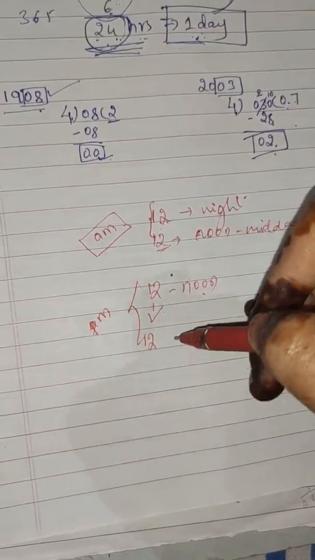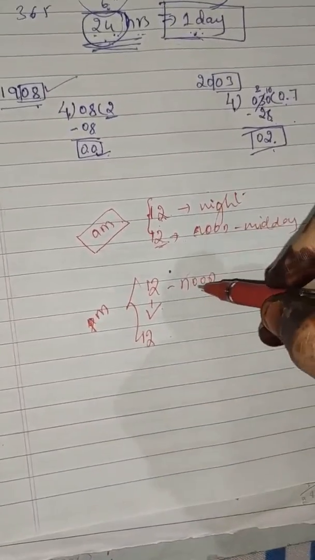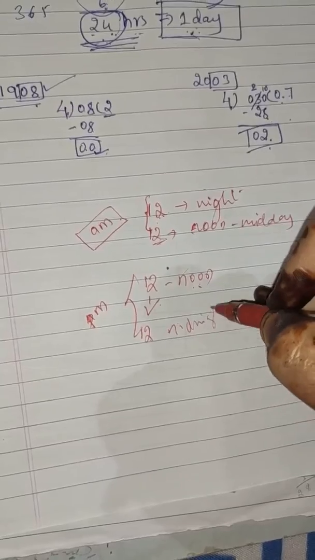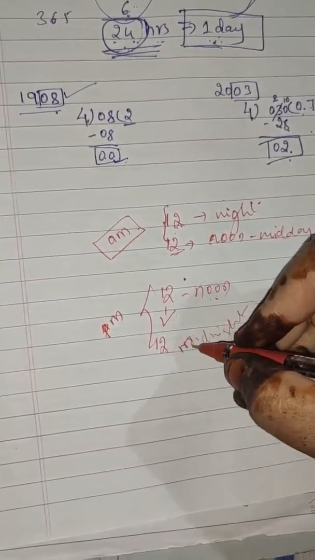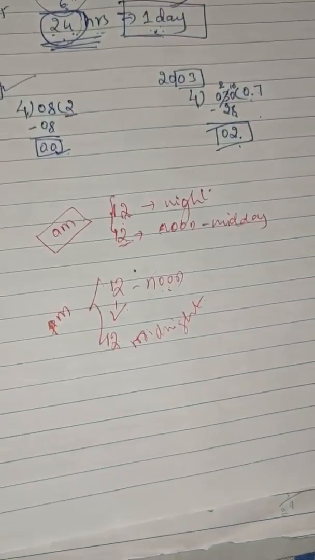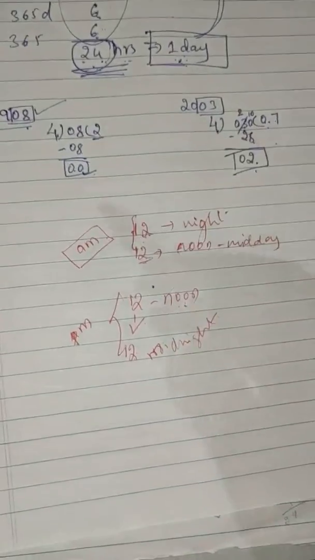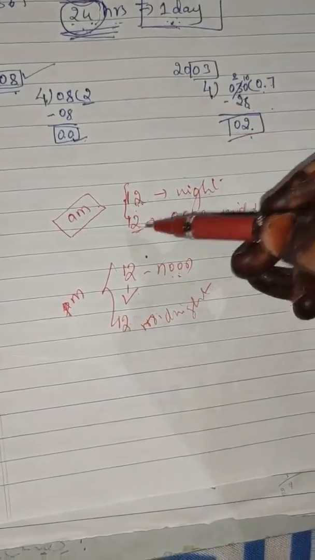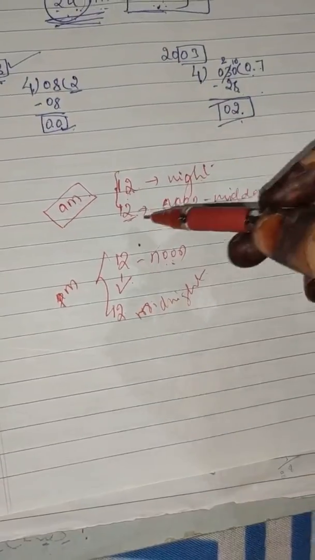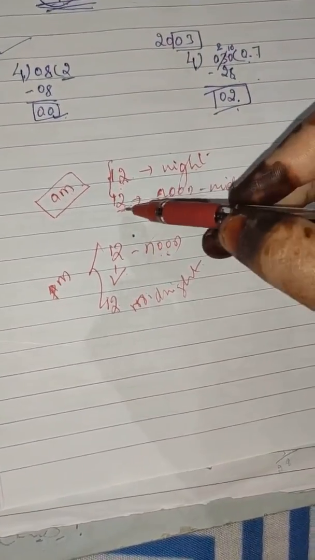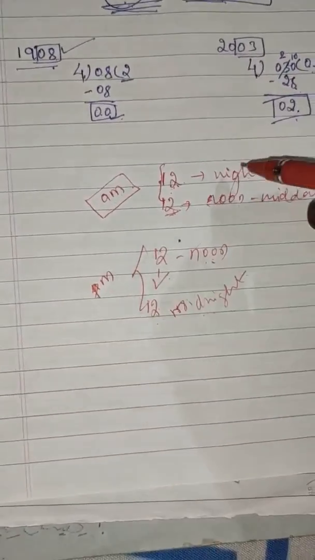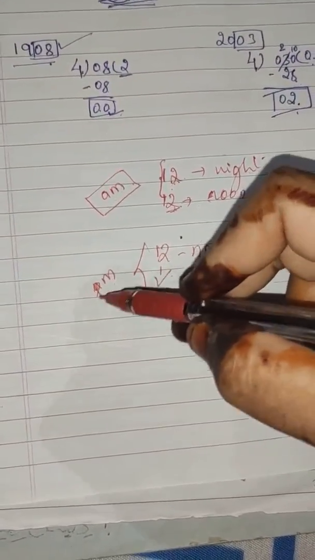From noon till night, midnight, it will be considered as PM, meaning post-meridian. Understood, children, what I am saying? From night 12 o'clock to next midday 12 o'clock, it is AM, meaning anti-meridian. From noon 12 o'clock till night 12 o'clock, it will be considered as post-meridian, meaning PM.